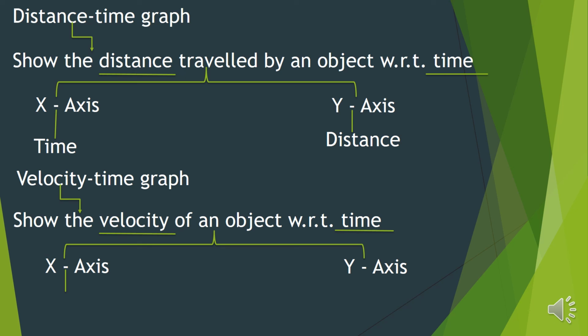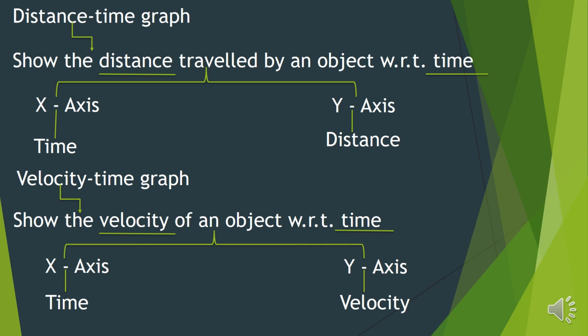So we will show time on x-axis. Okay. And the other quantity, that is your velocity, it is your dependent quantity. So velocity we will show on y-axis.